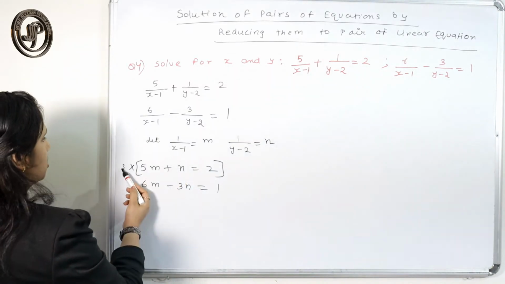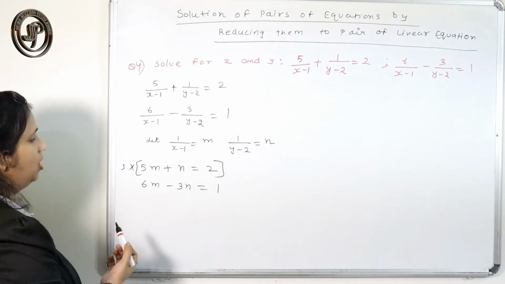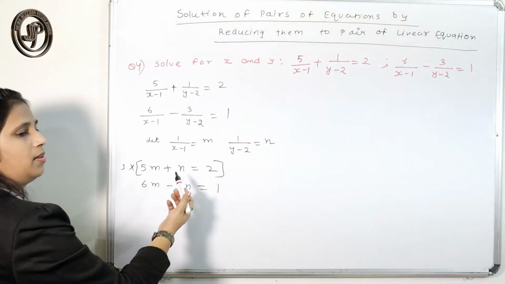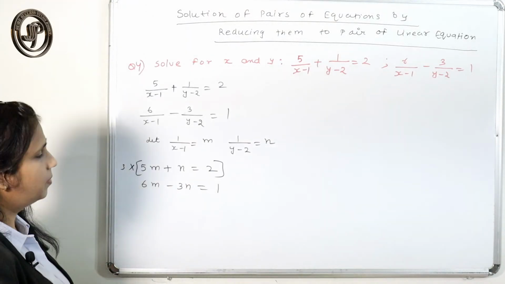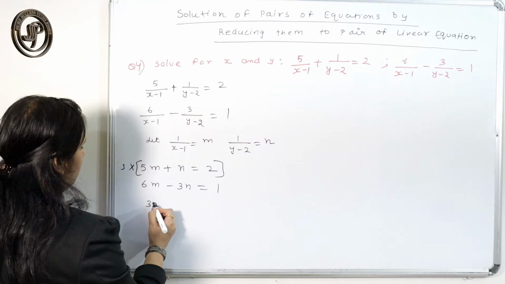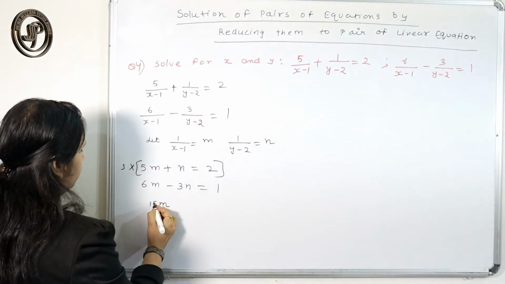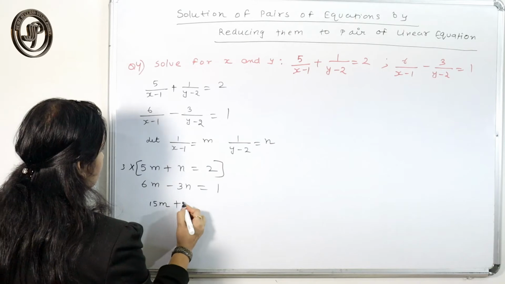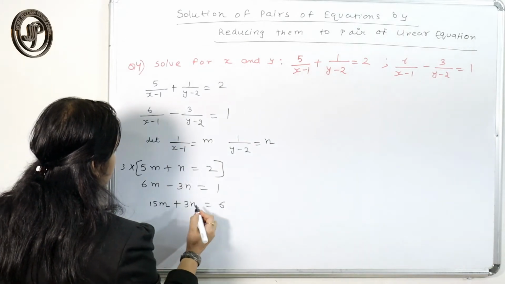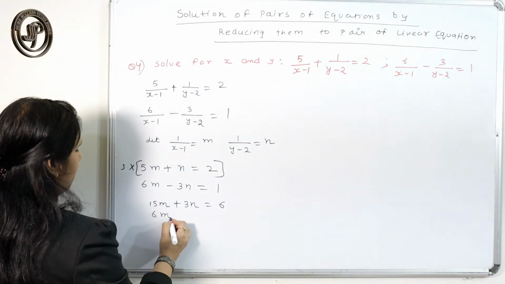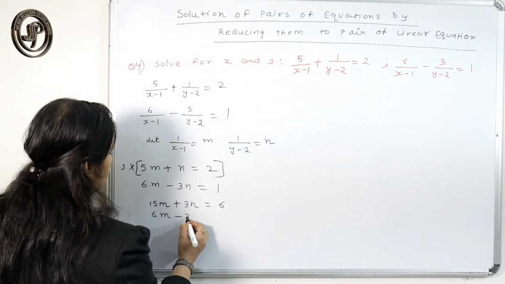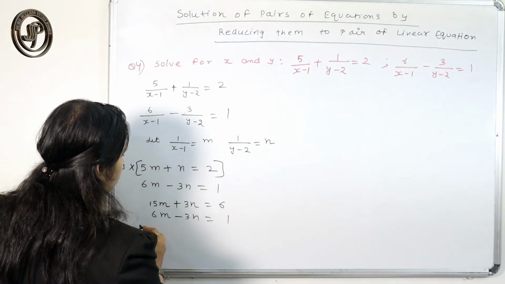So I multiply this equation by 3 and then the coefficients of n become equal. So 15m plus 3n is equal to 6. Here 6m minus 3n is equal to 1.